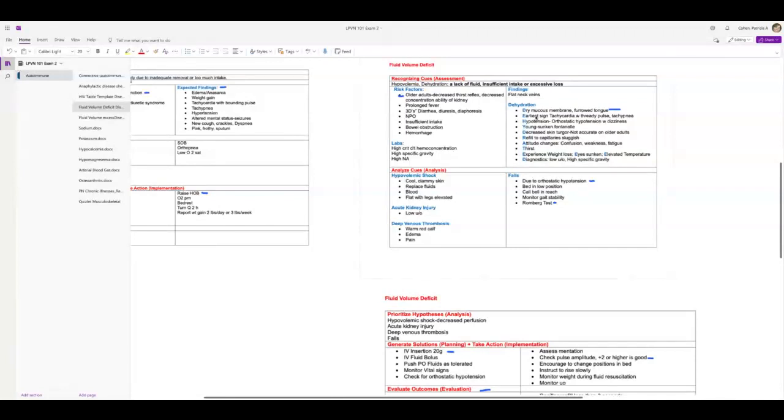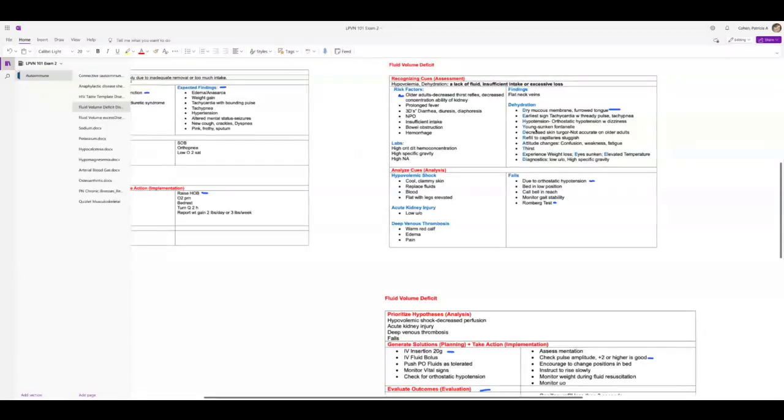Tachycardia is going to be the earliest sign, but their pulse is going to be thready. They'll have tachypnea. With fluid volume deficit, the pulse is thready. They'll have hypotension, and it can lead to orthostatic hypotension, so they're going to be a fall risk.